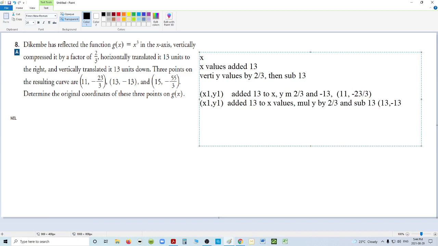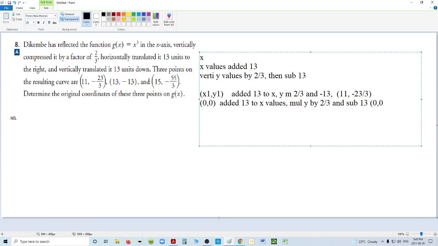Now this one would be easier to do, because if I subtracted 13 and ended up with minus 13, that means I was at 0. And what do I do? I don't multiply by 2/3, I divide by 3/2, but I still end up with 0. For the x value, when I added 13 and came up with 13, it's clear that the original point here is 0. So right there, I know in this case, the easy one is 0, 0.